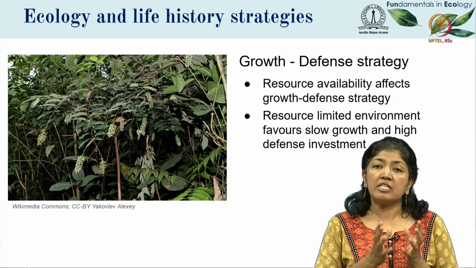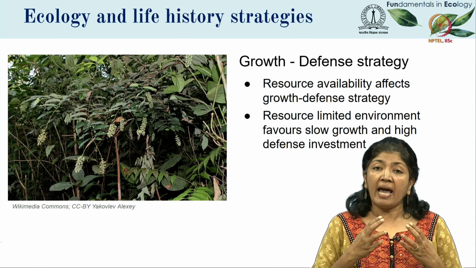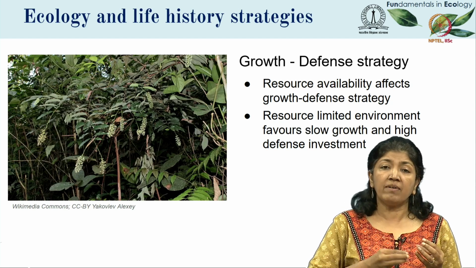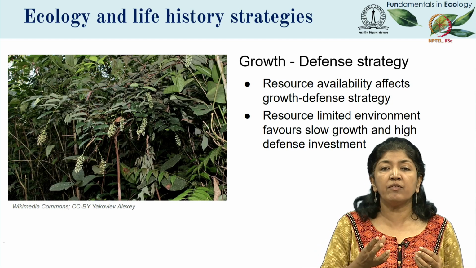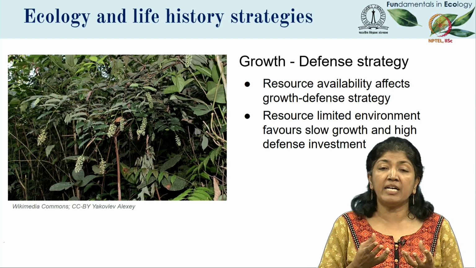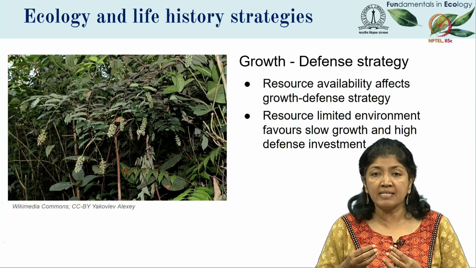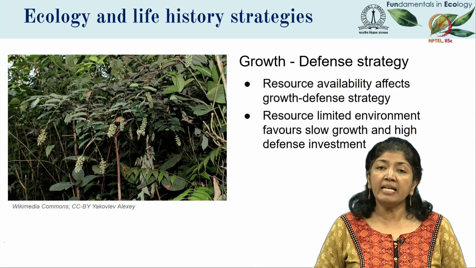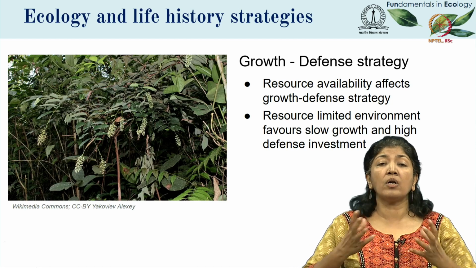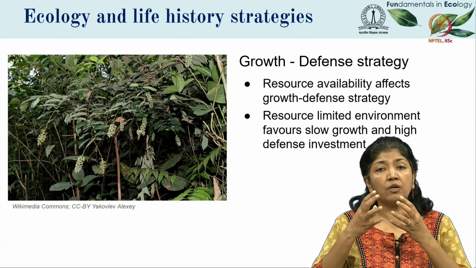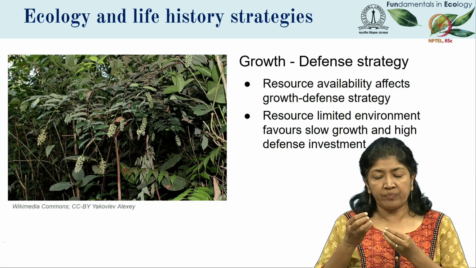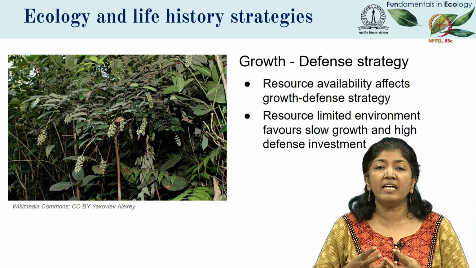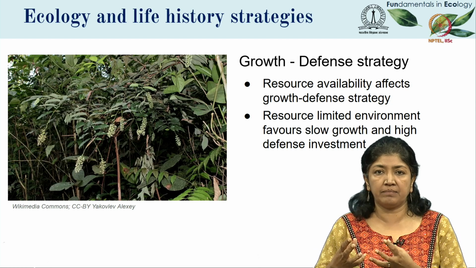In environments where resources are limited, the strategy of growing slowly and investing highly in defense against herbivores has higher benefits than growing fast and losing resources to herbivores. On the other hand, in an environment with a lot of resources, the strategy of growing fast, investing less in herbivore defense, and being more tolerant of herbivory does better.